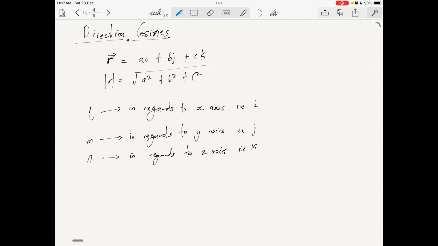So it's always written in square brackets as [l, m, n].